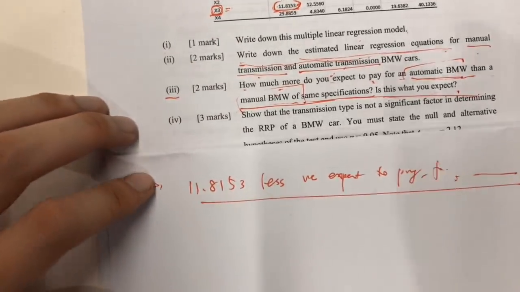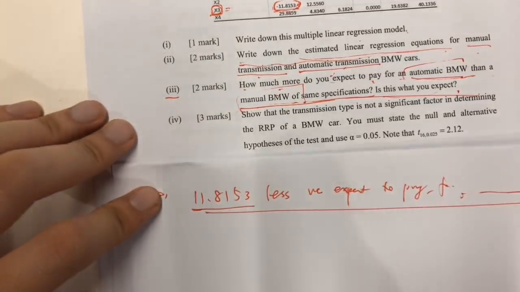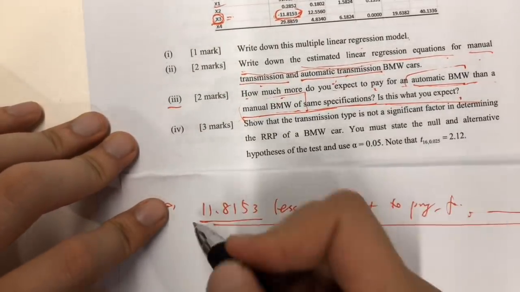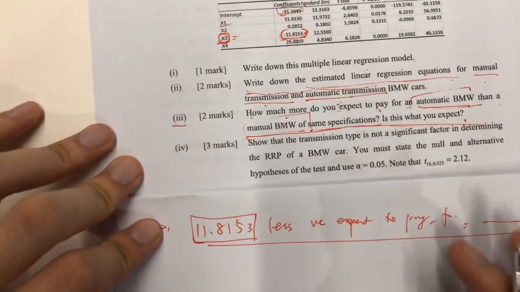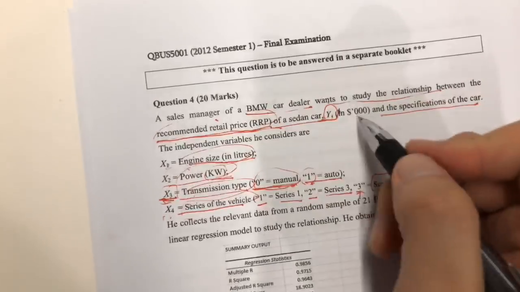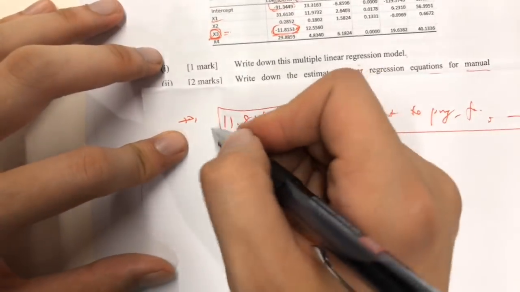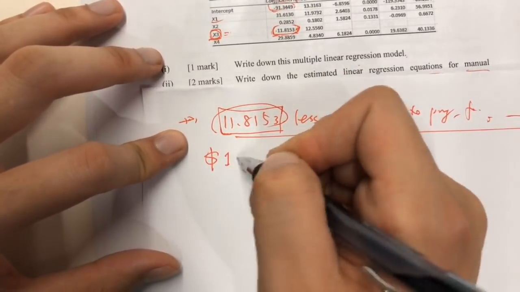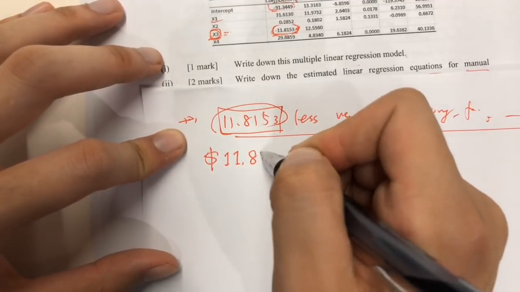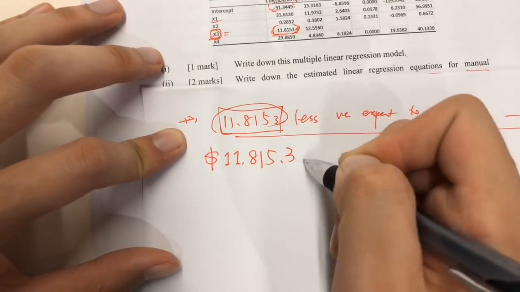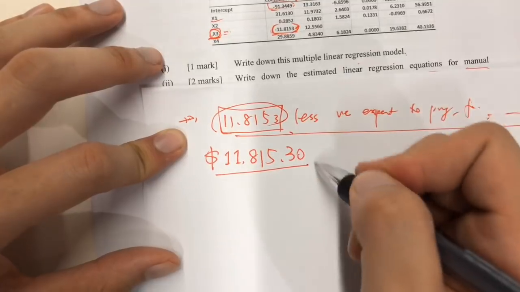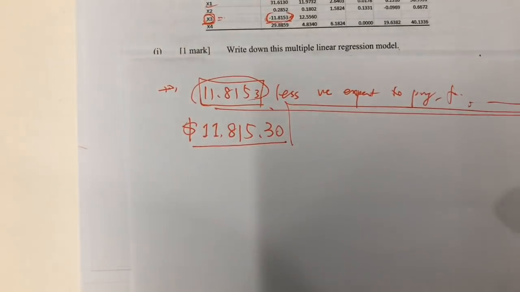All right, so one thing we need to pay attention to is that this value has its own unit. It's in thousands of dollars, okay? So what we actually need to do is to put the 1,815.30 dollars less we expect to pay for it, okay?